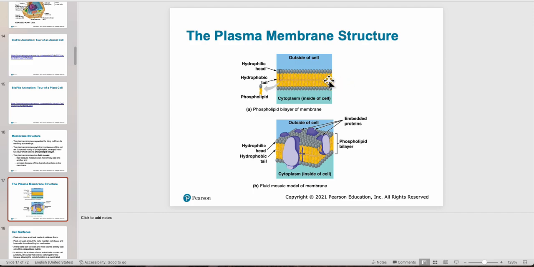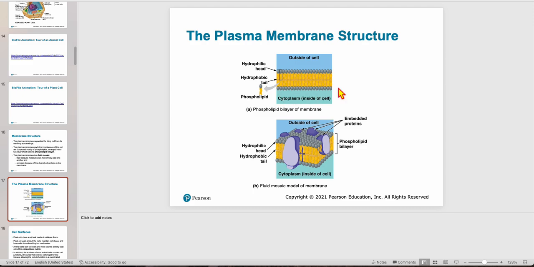And those are those fatty acid tails that we saw in the other chapter. Okay, so the balls up here, the gray balls, they are hydrophilic because they are facing the water. They're facing the outside. And then the hydrophobic tail is in the middle here.